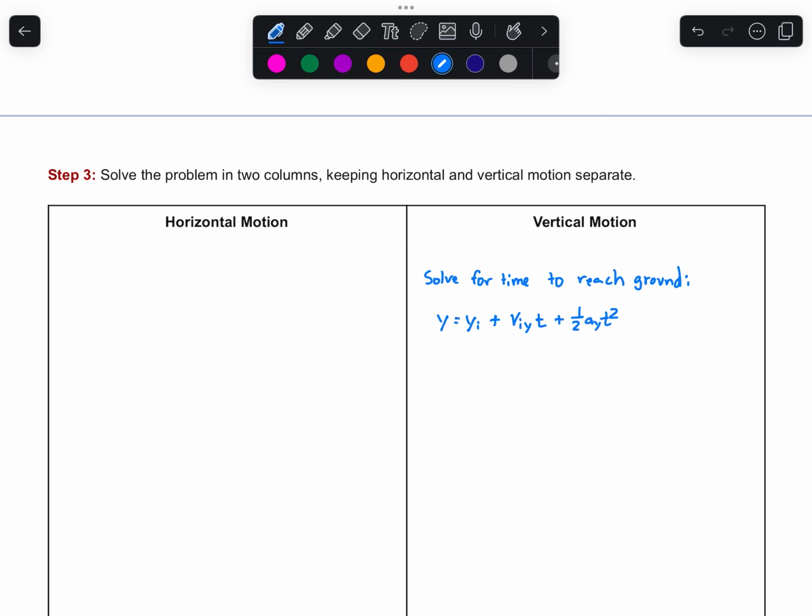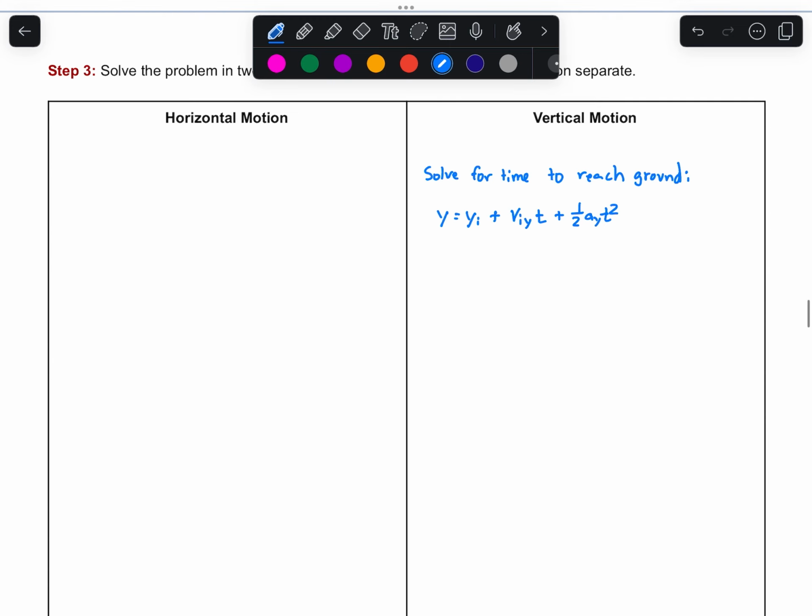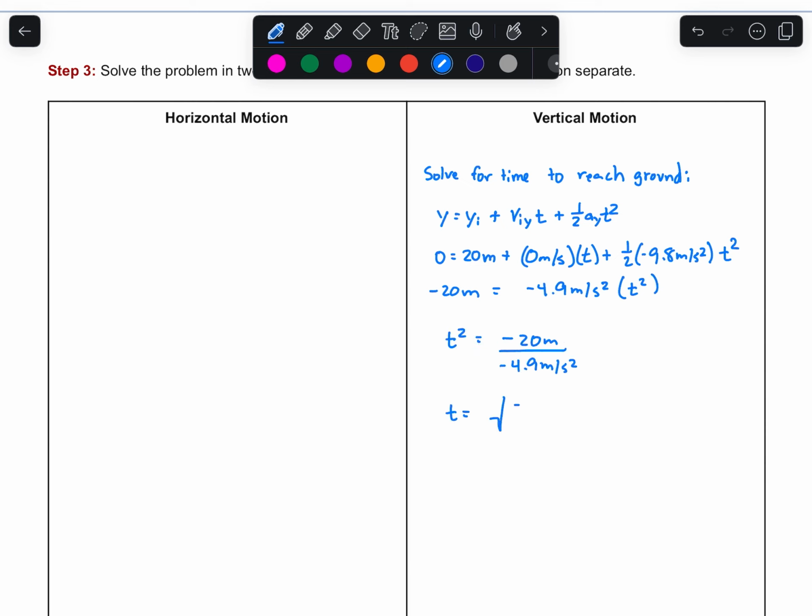The reason I picked this equation is I know everything except for time.